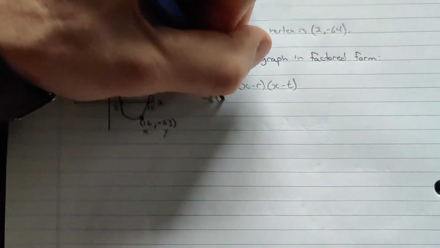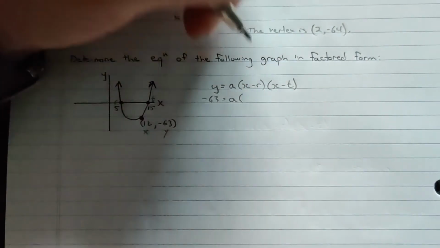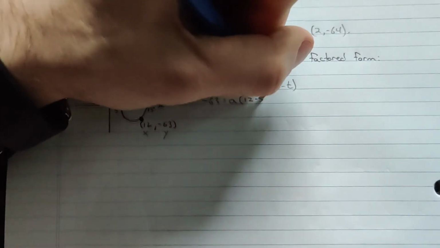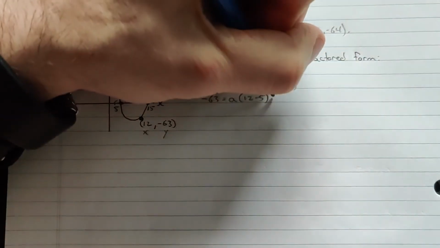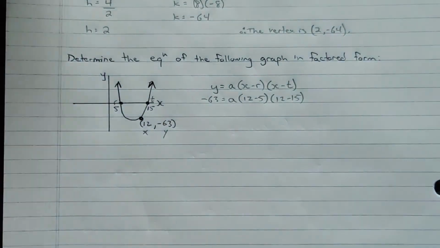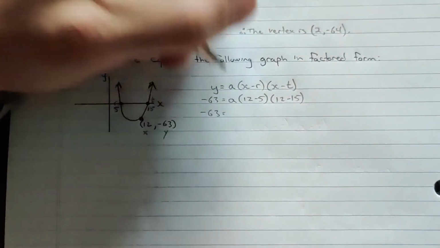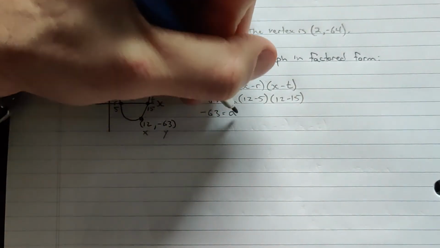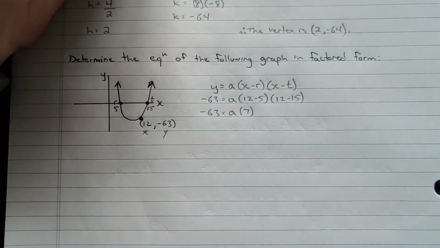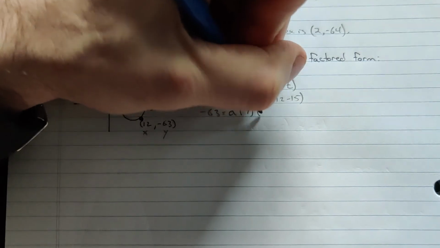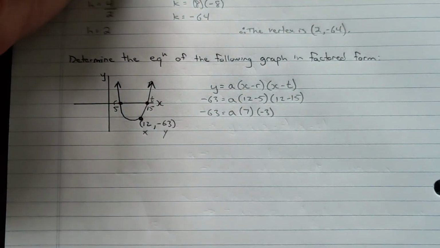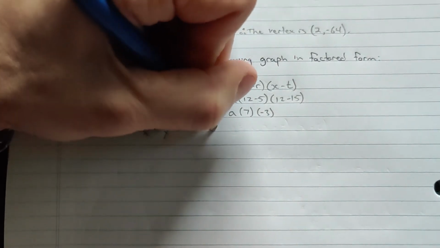Negative 63 equals a times (12 minus 5) times (12 minus 15). Working through that, 12 minus 5 is 7. 12 minus 15 is going to result in a negative 3. 7 times negative 3 is going to be negative 21.